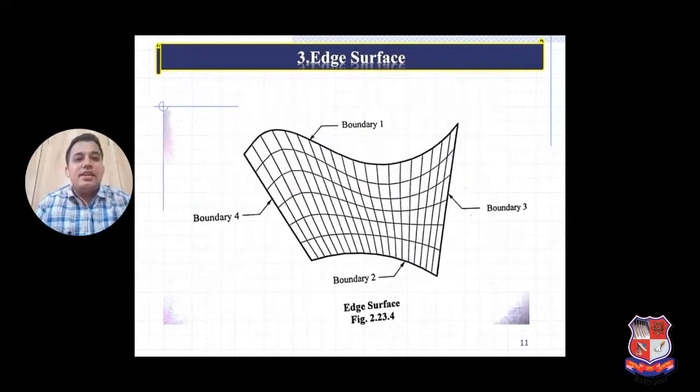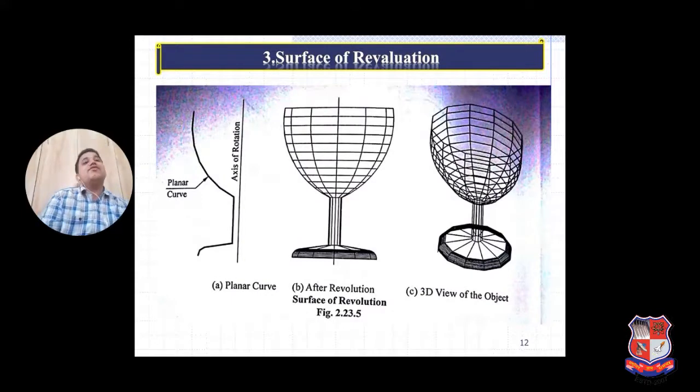Next one is the edge surface. A ruled surface is bound from two sides, but the edge surface is bound from all four sides. You can observe boundary 1, boundary 2, boundary 3, and boundary 4. Here again we generate a grid, but it is not an equal grid, it is a non-uniform grid. That is called an edge surface. Next one is the surface of revolution.